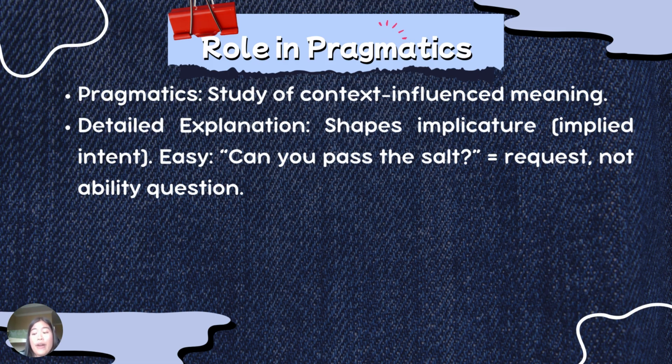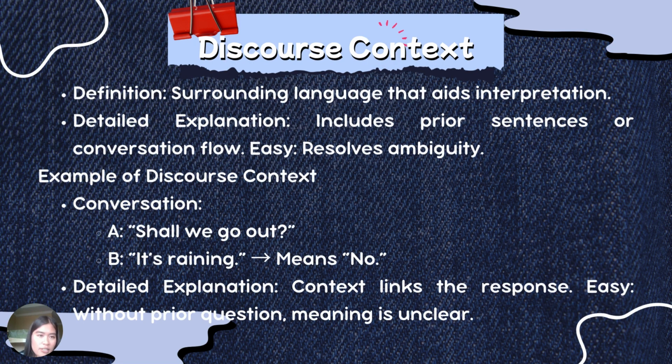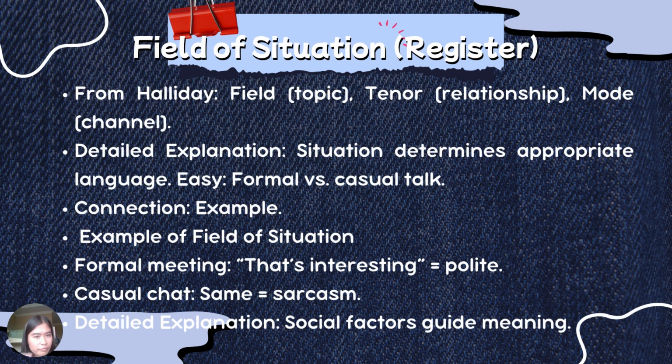Is that a request or an ability question? So surrounding language aids interpretation, including the period, the sentence, and conversation flow. It resolves ambiguity. For example, it's raining. Does it mean no? She says no, but we see the context through the response.